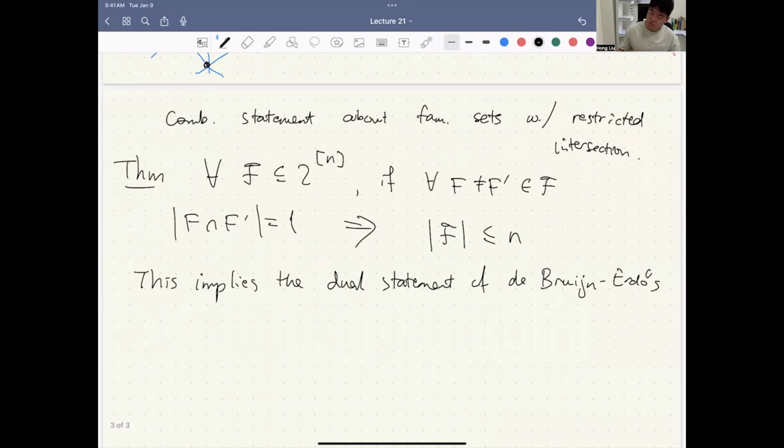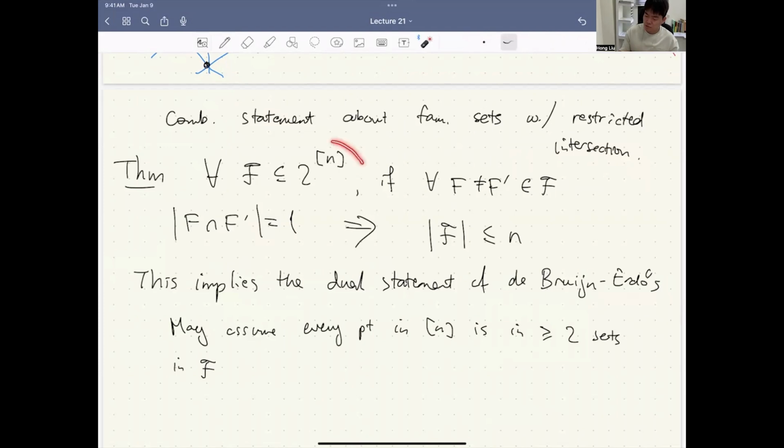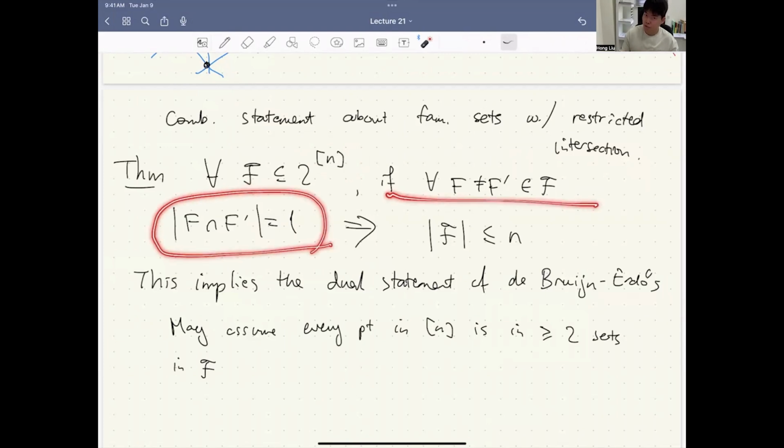because we may assume in the above theorem every point in N is in at least 2 sets in F, right? If it's not in 2 sets, simply removing it from the ground set and from all elements in F, you will not affect this intersection hypothesis.